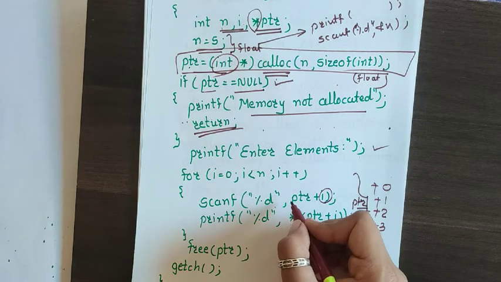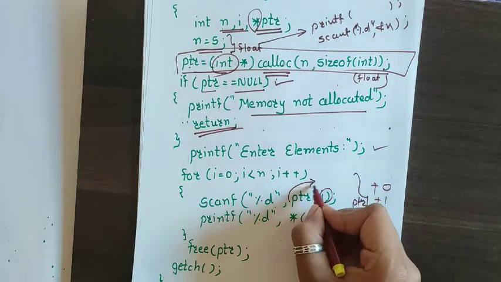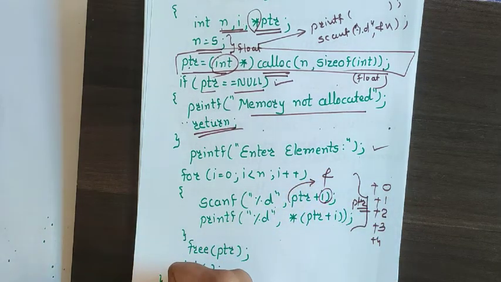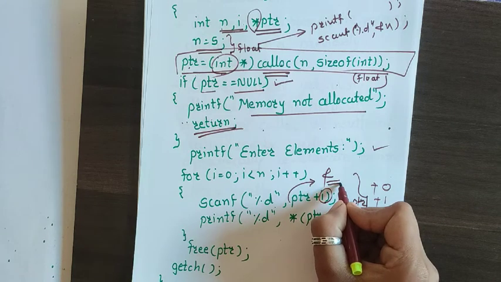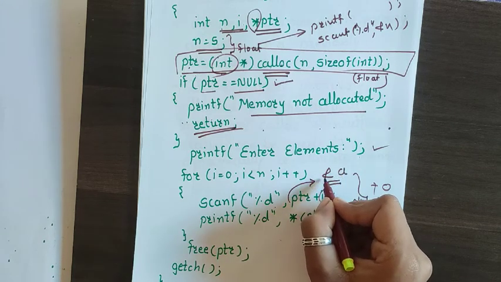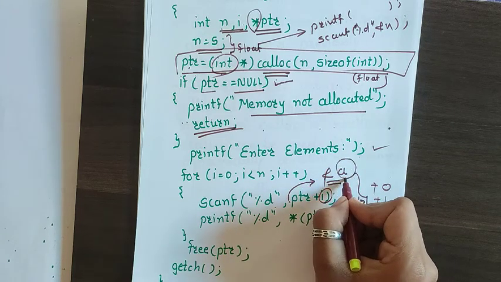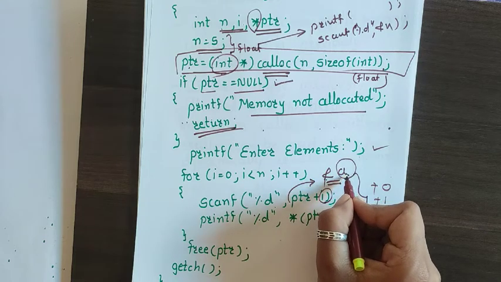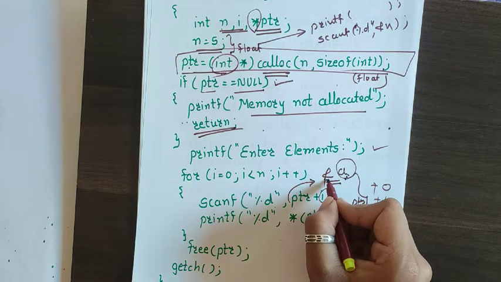Again I'm repeating this here. I need not write ampersand, because ampersand gives the address, and if I have a normal variable, we write ampersand a, so it will provide the address of this a.